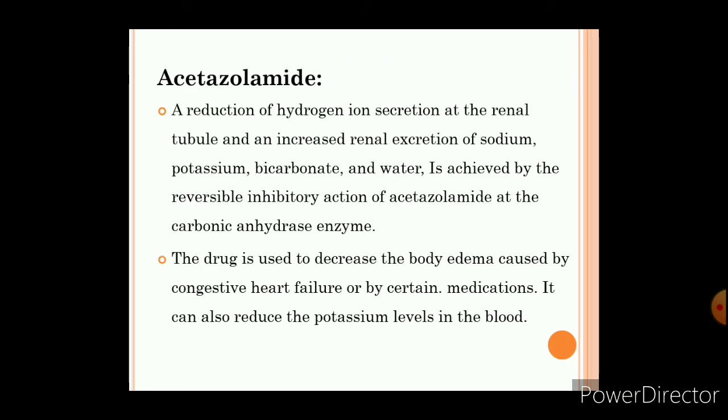The drug used as a carbonic anhydrase inhibitor is acetazolamide. A reduction of hydrogen ion secretion at the renal tubule and an increase in renal excretion of sodium, potassium, bicarbonate and water is achieved by the reversible inhibitory action of acetazolamide at the carbonic anhydrase enzyme.